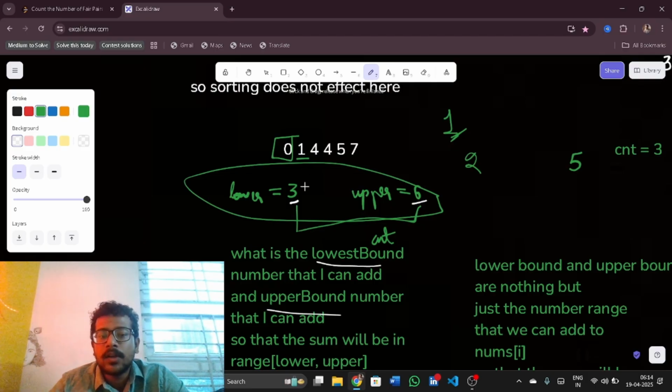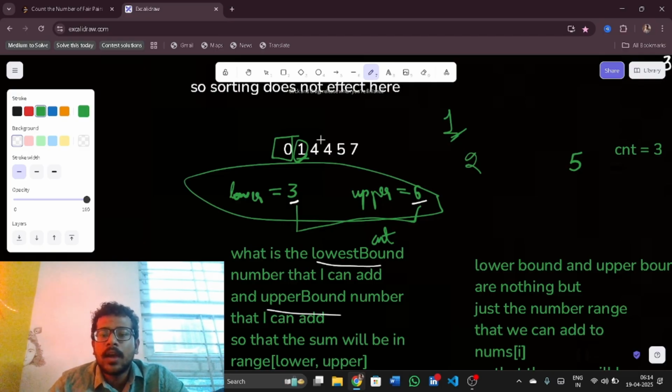I will also tell you when lower is lesser than nums of I. I'll also get to this condition, but wait a second. 1 is nums of I and lower minus nums of I will be greater than nums of I. I am assuring you that.